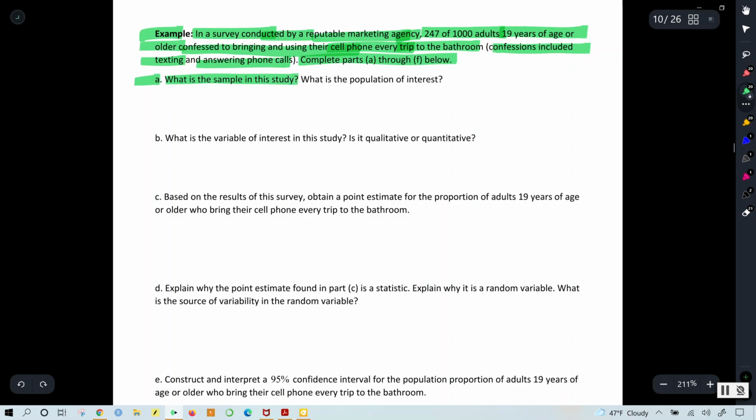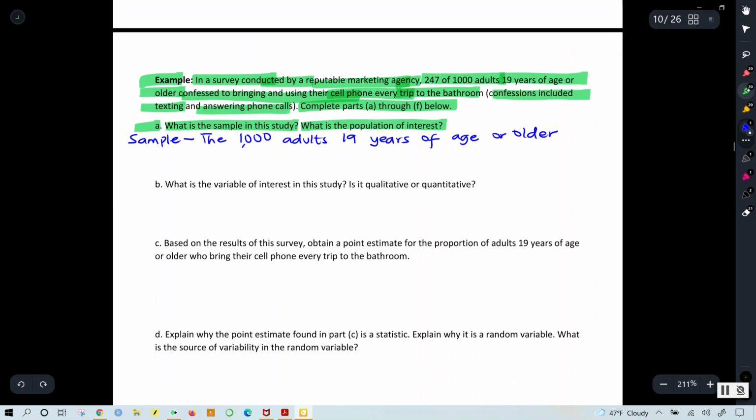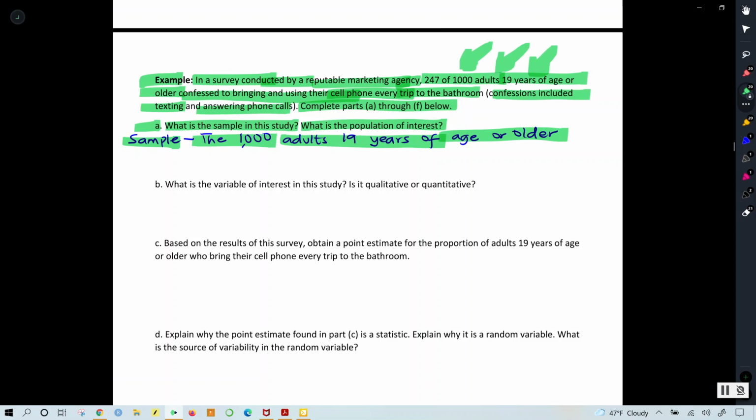A. What is the sample in the study and what is the population of interest? To begin with, the sample would be the 1,000 adults 19 years of age or older that were selected. Then the next question is, what is the population of interest?